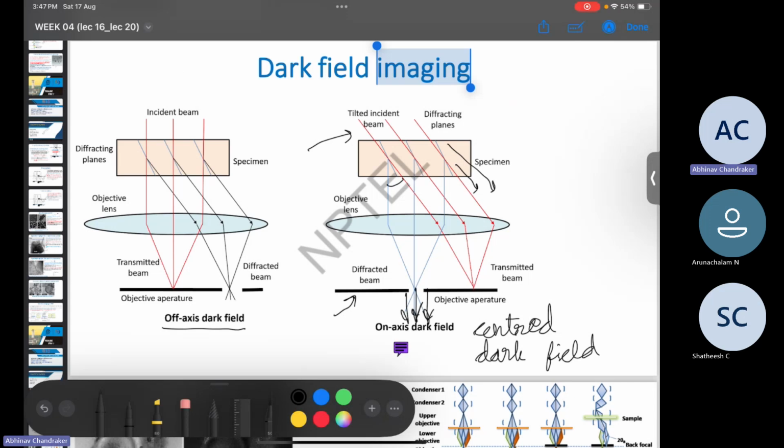There are some benefits of using this kind of arrangement instead of off-axis dark field, because we know that there are aberrations associated with any microscopy, with any imaging.